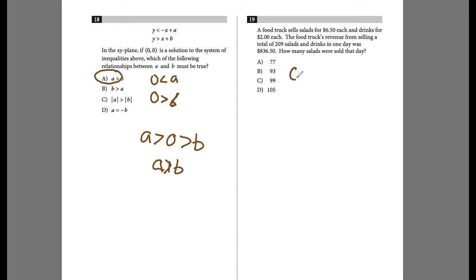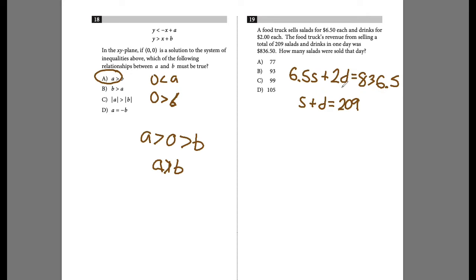So we know that each salad is sold for $6.50, so 6.5 times S plus each drink is sold for $2, 2 times D. And that's going to be the total revenue for that day, which is $836.50. Then we know that the total number of salads and drinks sold was 209. So S plus D will be 209.